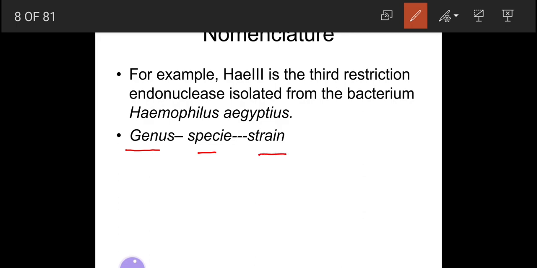For example, this H is the genus Haemophilus, AE is the species, and the number 3 means this was the third restriction endonuclease isolated from this bacteria.